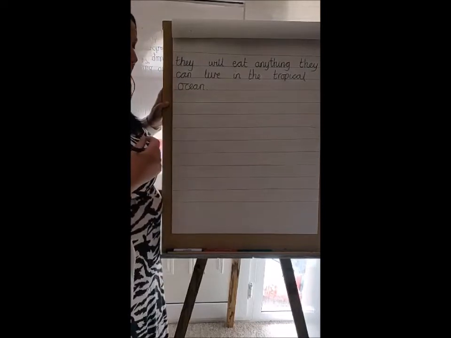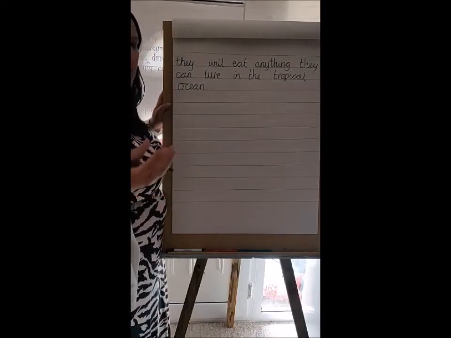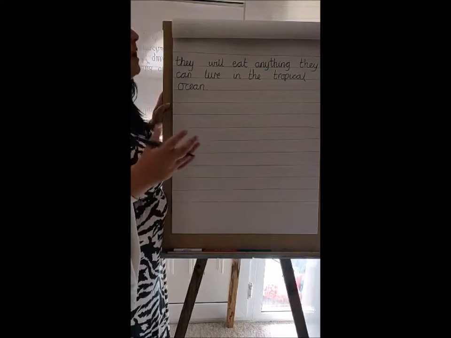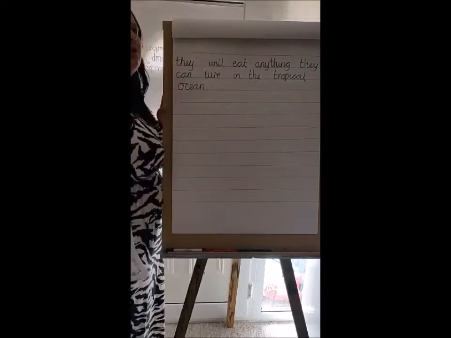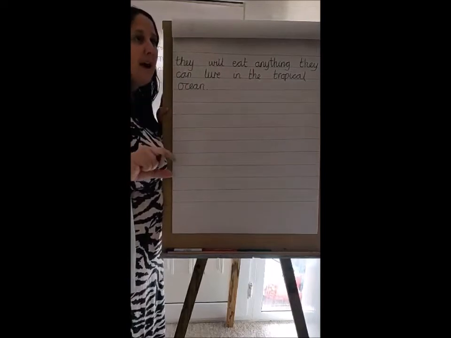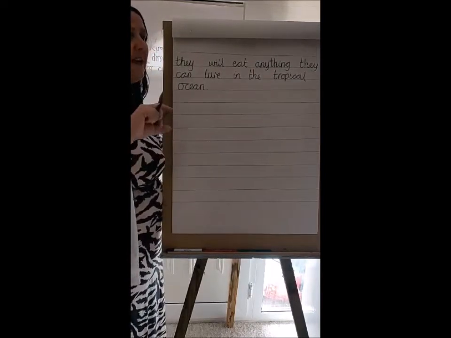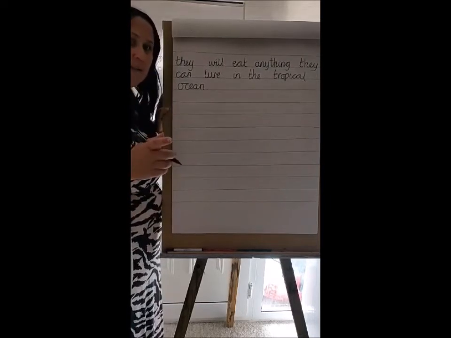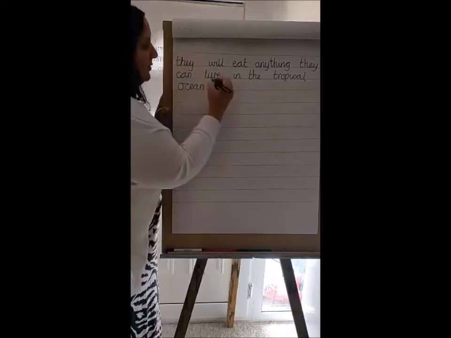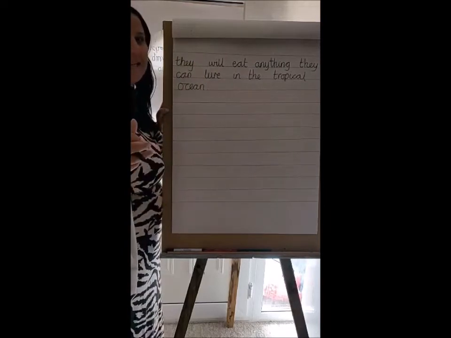They use a bright glowing light. They use a light, a bright glowing light. To lure their prey, they use a bright glowing light. Right, do you remember it? Let's say it again.